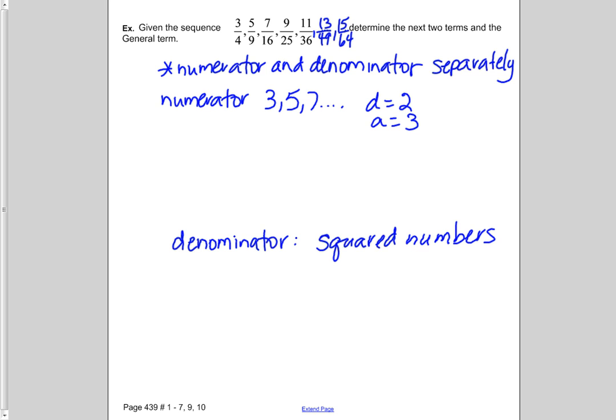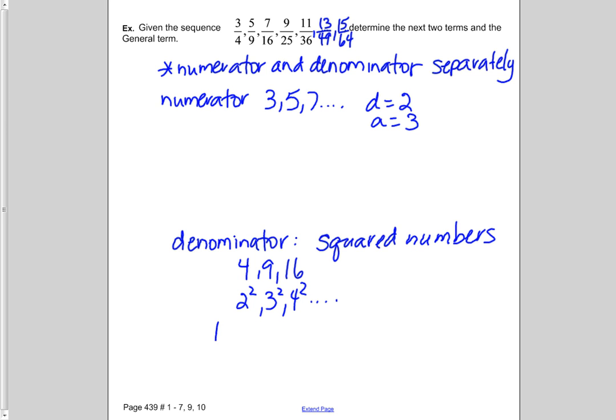On the bottom, for term 1, so 4, 9, 16. For term 1, it's 2 squared, 3 squared, 4 squared, and so on. So we're a little bit displaced.